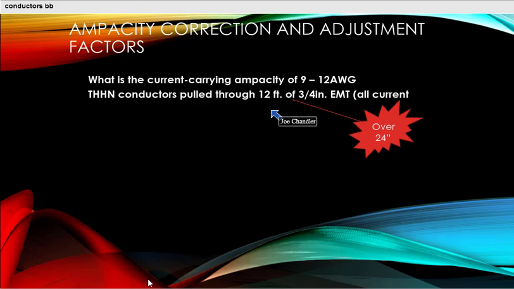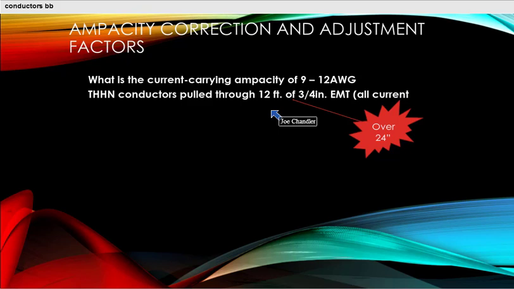So let's say I had a raceway that was only like 6 inches long. Well, it's open on each end, and I guess the makers of the code feel like I'm not going to really keep all that heat in there and damage the conductor. So it has an easy path to dissipate the heat.